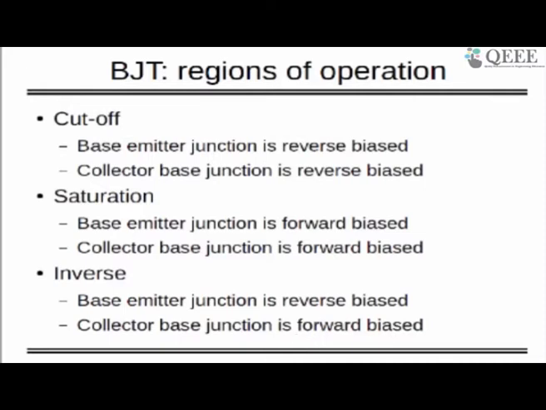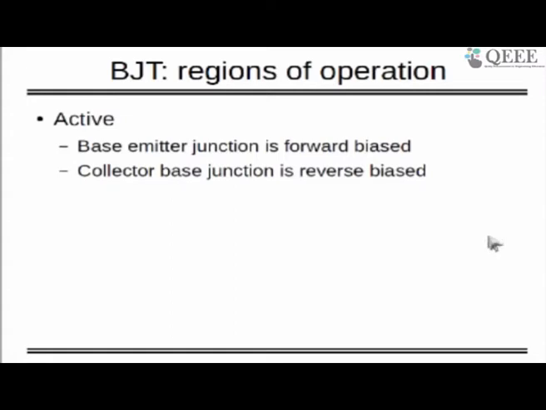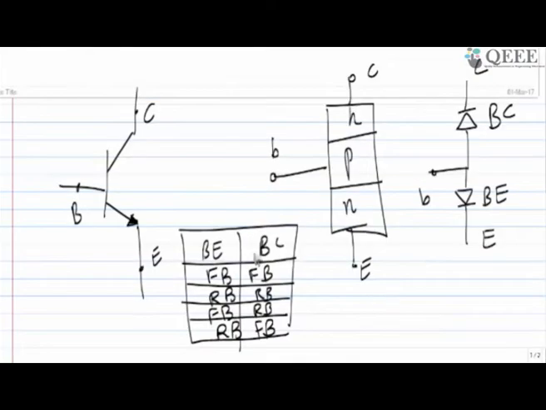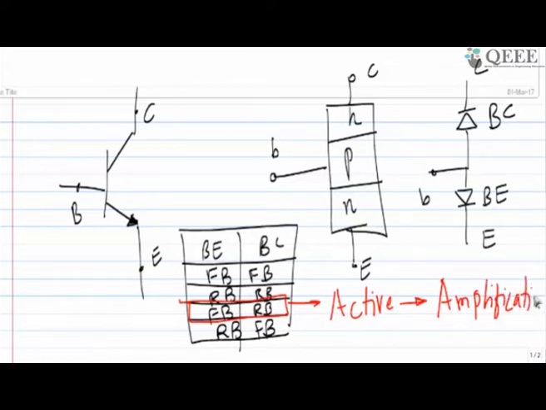Now looking at the most important part: when the base to emitter junction is forward bias and the base to collector junction is reverse bias, this is the active mode of operation, the region where you want to get amplification, where your BJT acts as an amplifier.